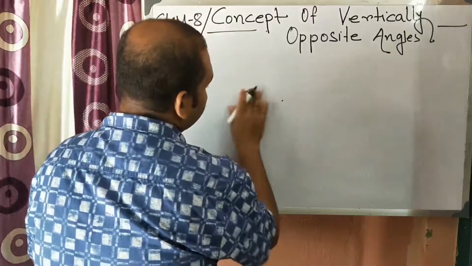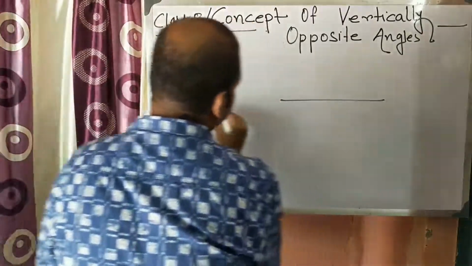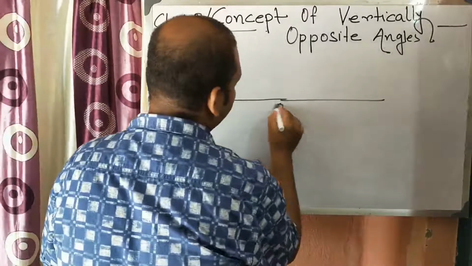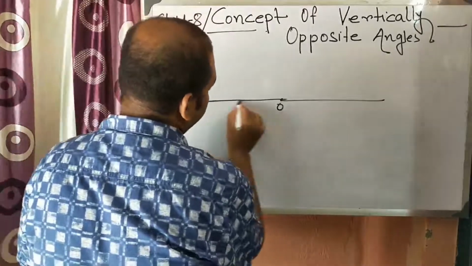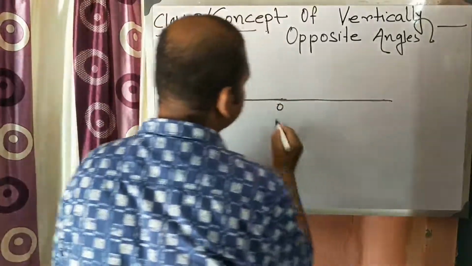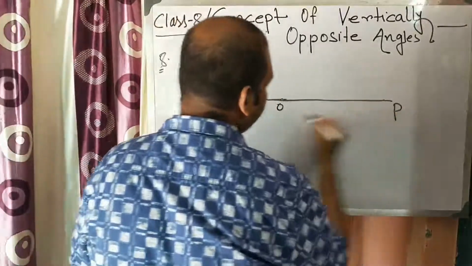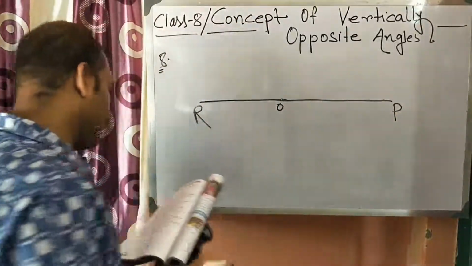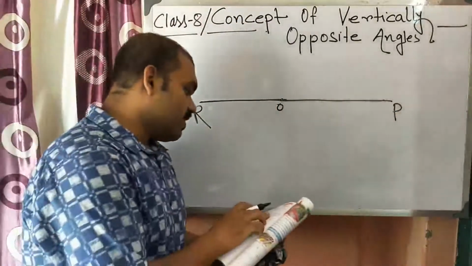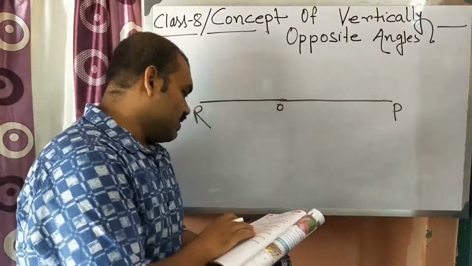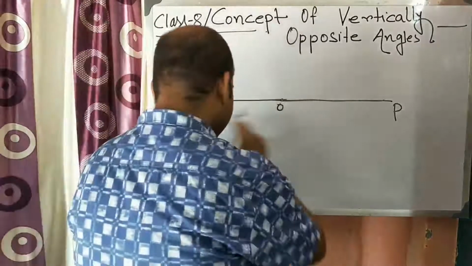So let us draw the figure like this. Suppose this is O. They are on the same straight line. So this is OP and this is OR, and P and R are opposite to each other.